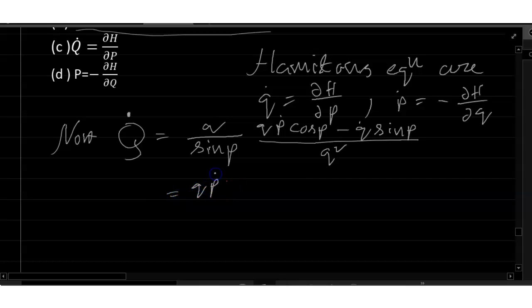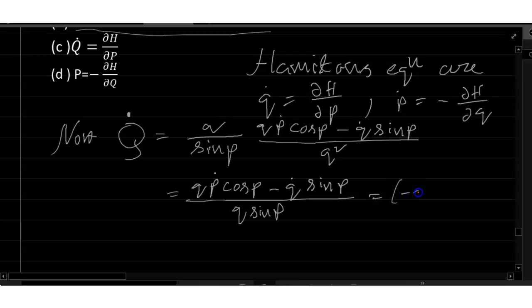Q p dot cos p minus q dot sine p divided by q sine p is equal to minus cot p into del h by del p.